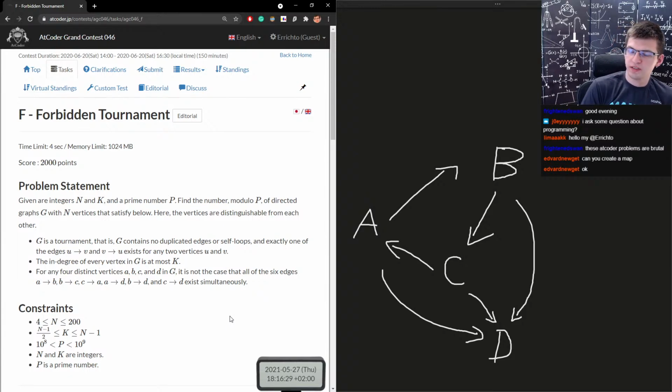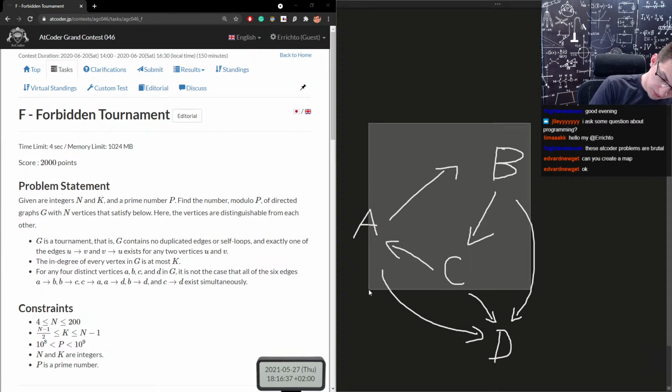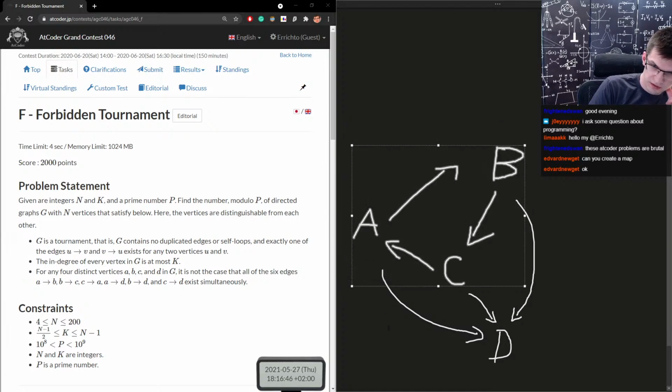Let's try to find any triangle ABC in the graph. If such a triangle doesn't exist, then the graph is good, sure.